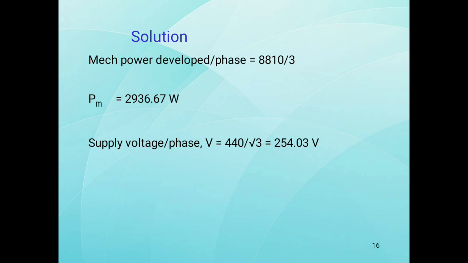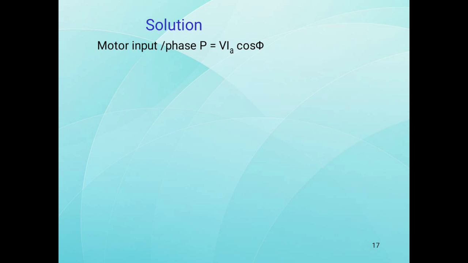Now cos phi is equal to 0.75 lagging and Ra is equal to 0.5 ohms per phase. Here motor input per phase P is equal to V Ia cos phi.